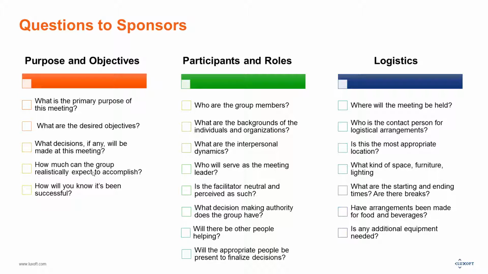You need to provide this complicated information to part of the team and then create a beginners technical workshop for junior people. How will you know it has been successful? So how will the people who ordered the meeting from you know that the meeting was successful?